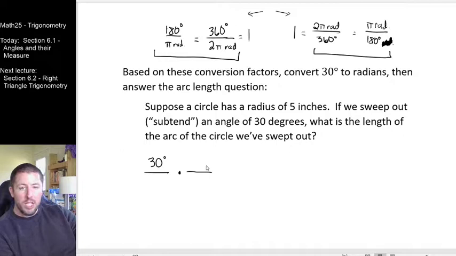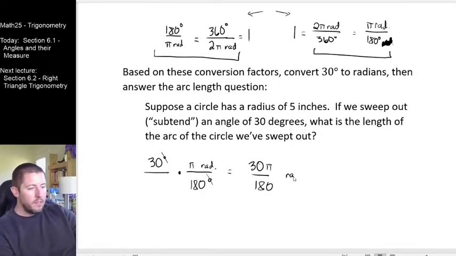So the reason why this is a good conversion factor for me in this case, pi radians per 180 degrees, is because now my units of degrees and degrees cancel, top and bottom, just like any other fraction value would. This leaves me with 30 pi over 180 radians.